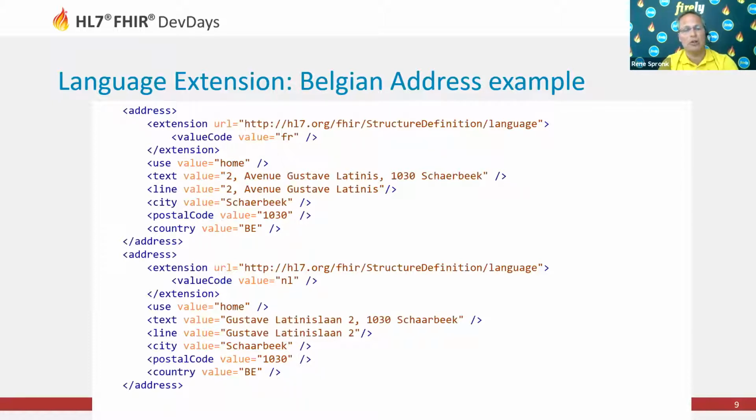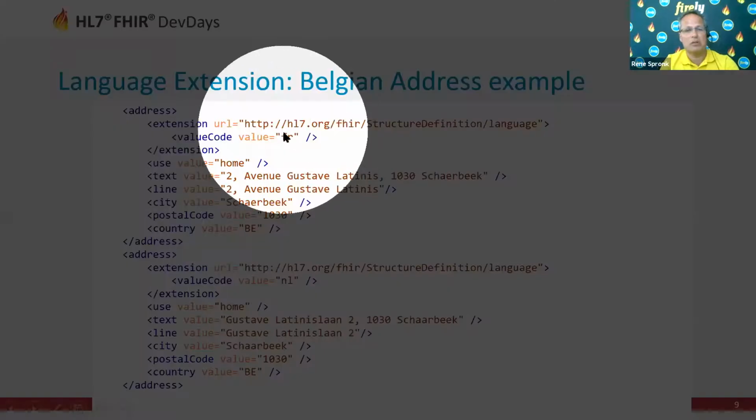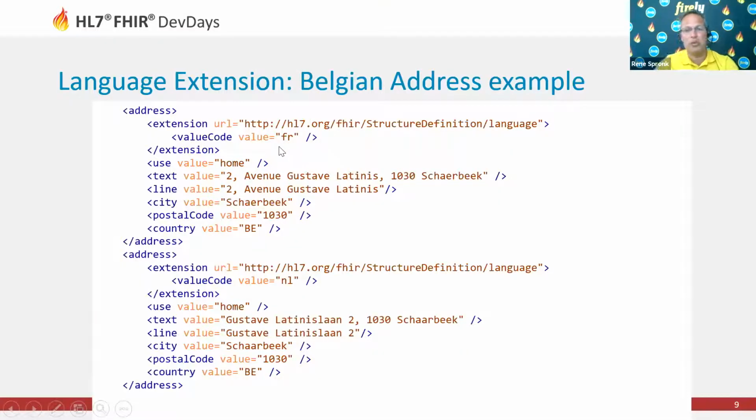And here one of the addresses is marked using the extension as being a French address. So we have 2 Avenue Gustave Latinis in Schaerbeek, and then we have also the Dutch expression, which switches the name of the street and the house number. So there may be various changes depending on the language or the cultural setting, if you want. Here, Gustave Latinislaan in Schaerbeek.